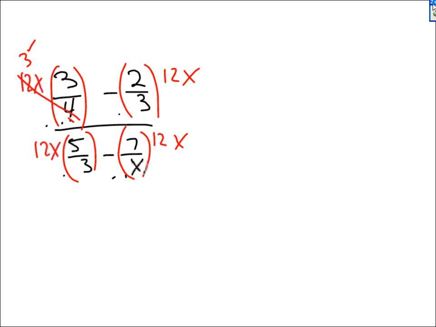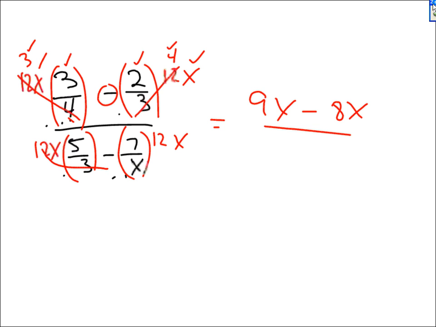So you have 3 times 3 is 9 times x, 9x, minus 3 goes into 12 4 times. 2 times 4 is 8 times x, 8x. In the bottom, 3 goes into 12 4 times. You have 4 times 5 is 20 times x, 20x, minus. The x's cancel. 7 times 12, I think, is 84.